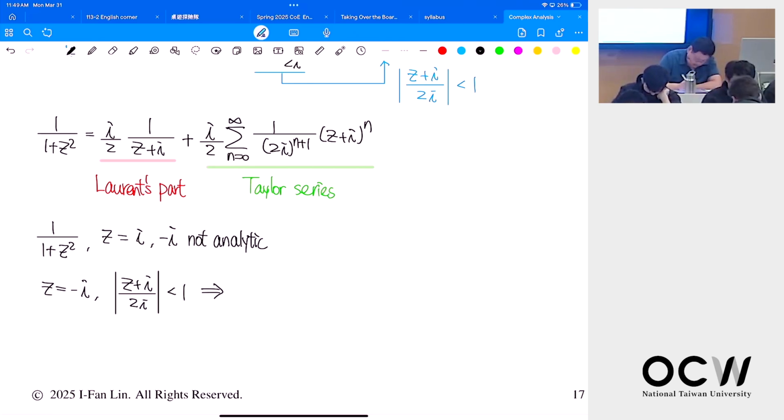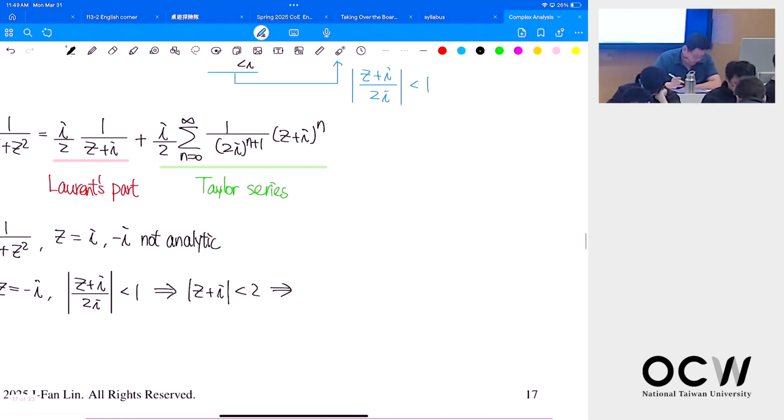We have the magnitude of z plus I less than 2. So here is our annulus of convergence: the magnitude of z plus I is between 0 and 2.